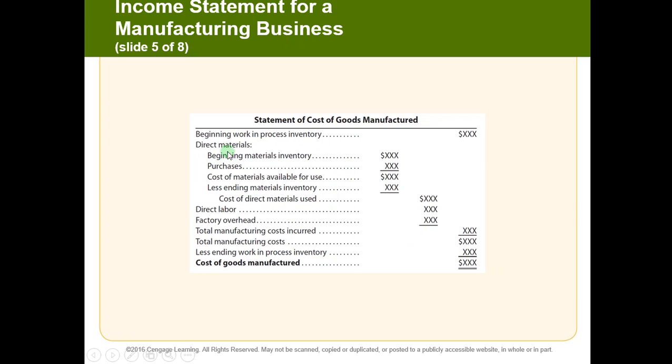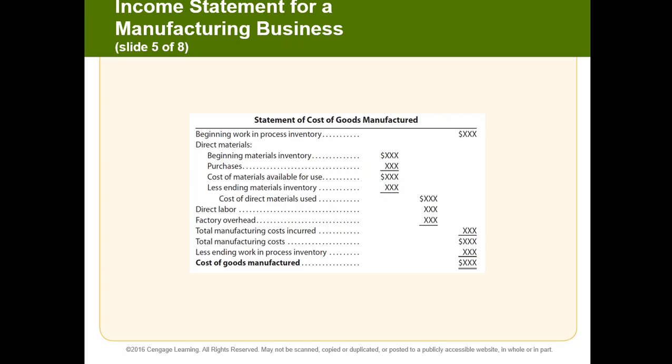And here is your raw materials. Your direct materials are your raw materials. What did I start with in my beginning raw materials inventory? What did I purchase? Raw materials you have to purchase. What is left in my ending raw materials?